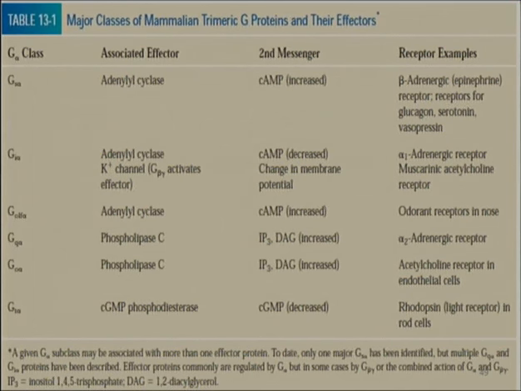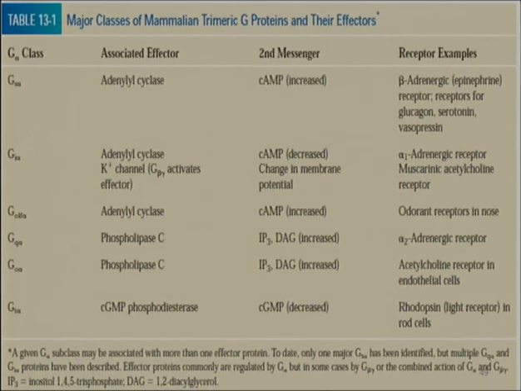That means it will result in the activation of the effector and cyclic AMP level will rise. If it is inhibitory alpha, Gi alpha, as in the case of certain alpha 2 adrenergic receptors, the activation of those G proteins will result in a decrease in the concentration of cyclic AMP. That is, they will inhibit the effector molecules.